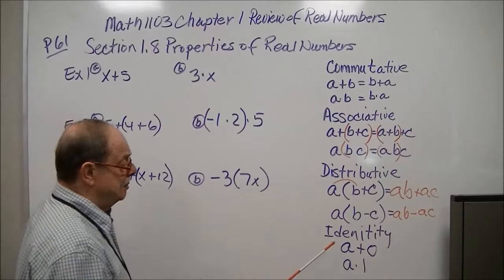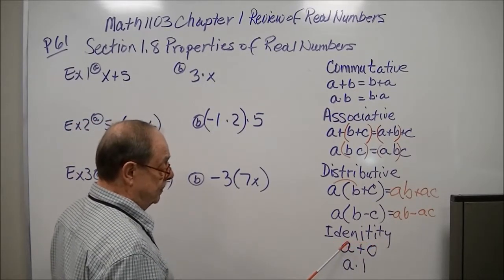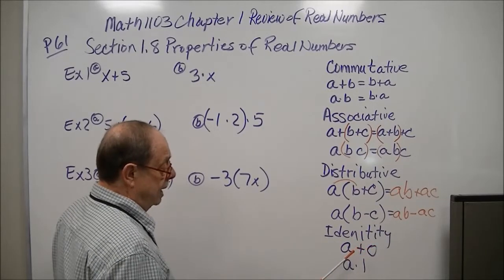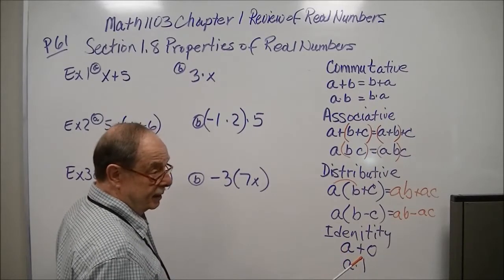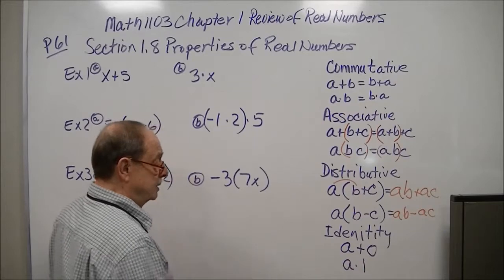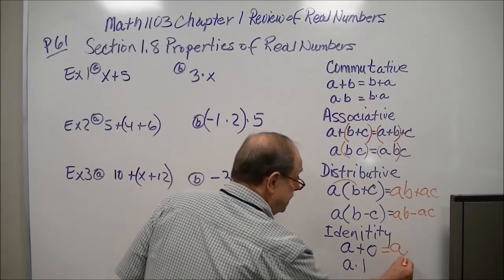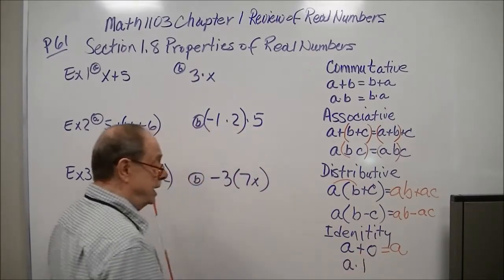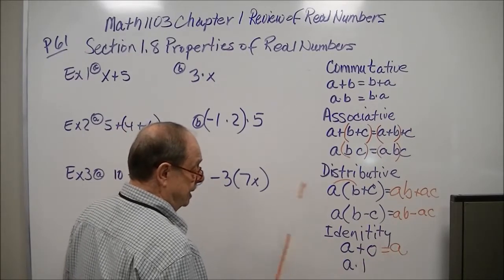Now, the last property that we want to go over at this time, and there's one more that we'll cover later, is the identity property. When you do this operation, the results are the same, that is, an identity. So A plus 0 is A. When we add 0 to any number, it remains the same.